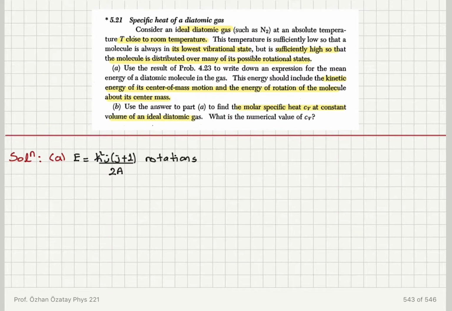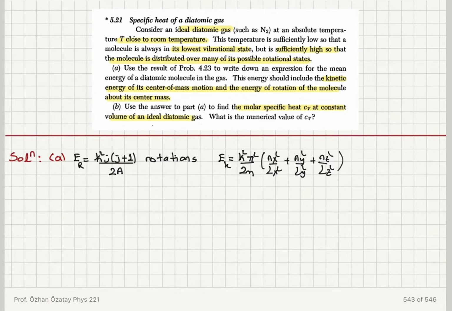And we also have the energy for translations of the center of mass, which, remember, is ħ² π² over 2m times (nx² over Lx² plus ny² over Ly² plus nz² over Lz²), etc. This was the kinetic energy of translations, and the other is the rotational kinetic energy of the gas.